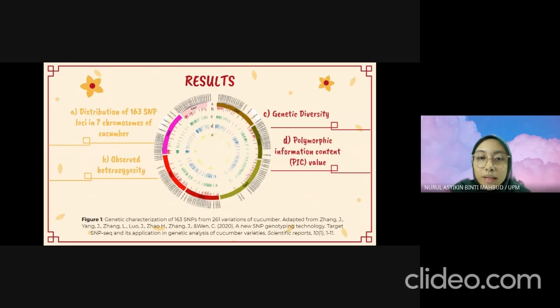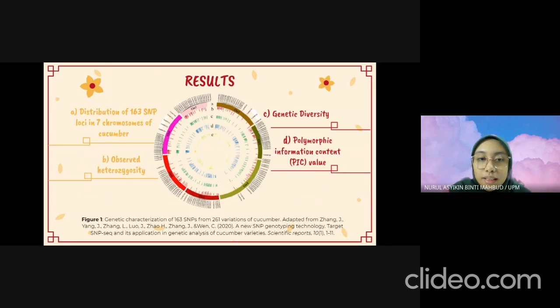The PIC value ranged from 0.101 to 0.5 with an average of 0.388, while the mean value of MAF was 0.291 and varied from 0.054 to 0.496.